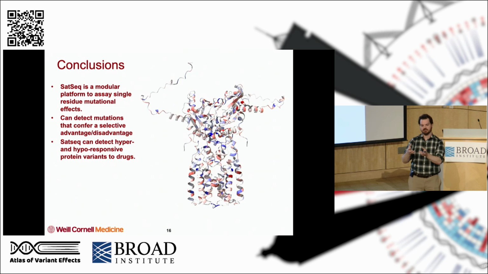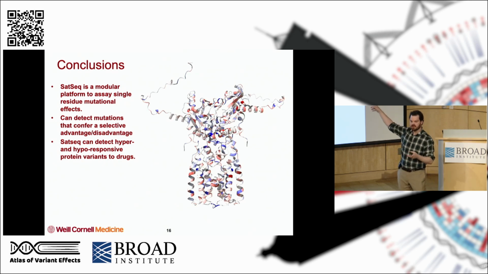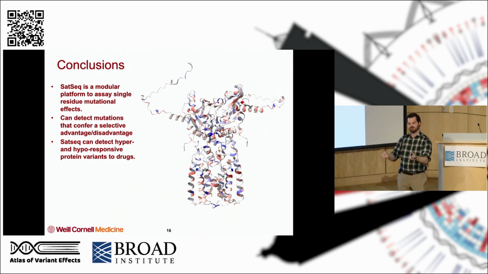The a priori assumption that we had made was that where the drug was going to bind was going to be all hypo-responders, and it would be a very clear signal of where the drug sticks. But what we found is that there's a lot of mutations that seem to stabilize or destabilize the overall conformation of STING, and there's a very strong conformational change that occurs when it activates that is necessary for those downstream responses. And so those seem to stabilize or destabilize that.